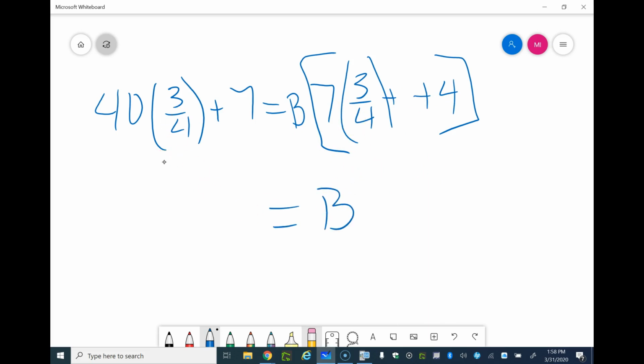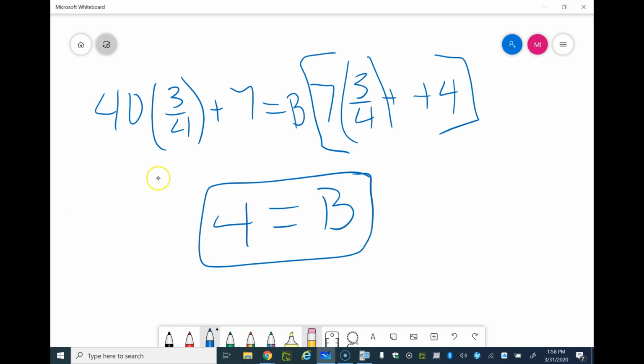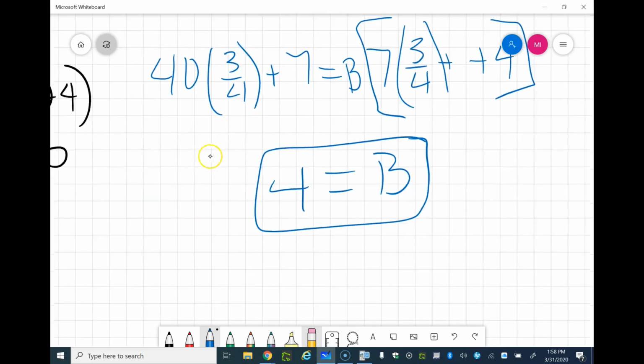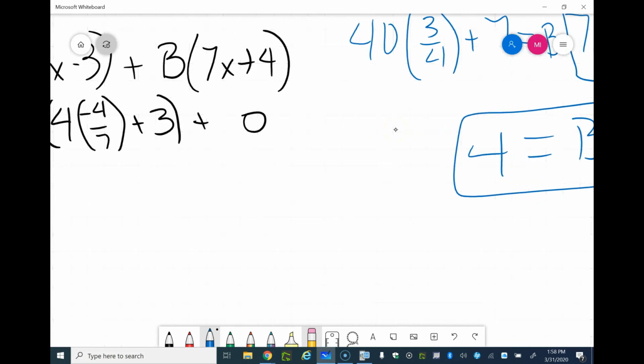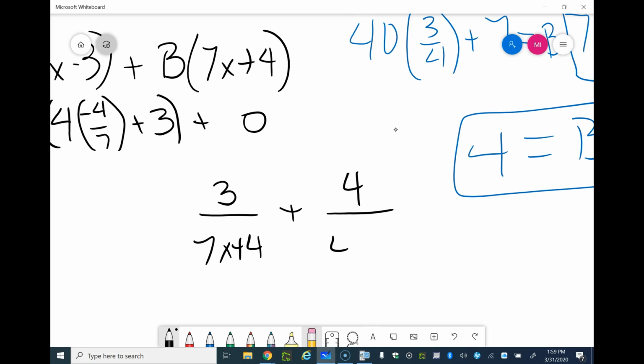B is actually going to equal 4. So once we have our A and B, we can come back and write our final answer. So it'll be 3 over 7x plus 4 plus 4, which is our B, over 4x minus 3.